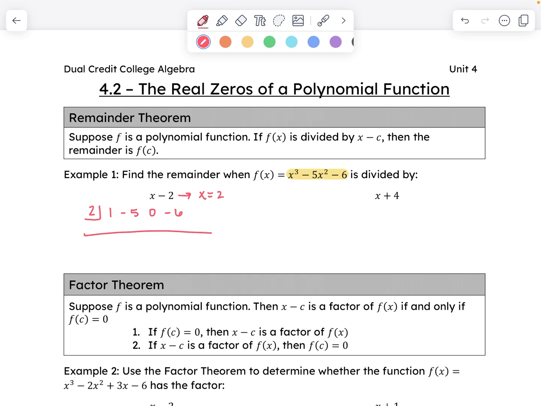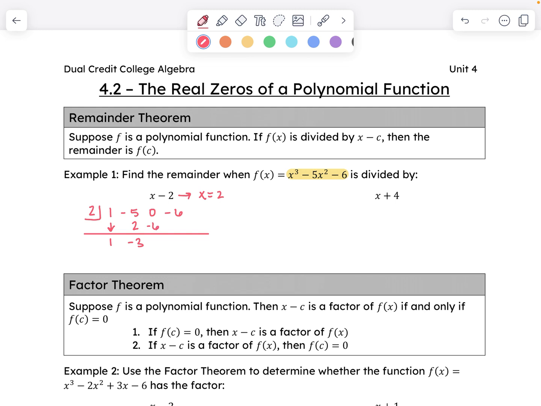And then we're going to do our synthetic division. So that means we're going to bring down the 1. We take whatever's down under the line and multiply it by what's in the box. So 1 times 2 is 2. Then we're going to add straight down. So negative 5 plus 2 is negative 3. And then we repeat that process. So negative 3 times 2 is negative 6.